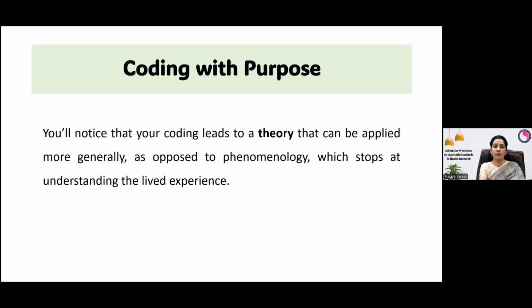There are some common coding methods, but for grounded theory there is a separate type of coding method, which is known as open coding, which we do first. Then there is axial coding, and then there is selective coding. So don't think that these terms are new. Once we go through all these presentations and discussions, and you do the hands-on practice, these terms will be very familiar to all of you.